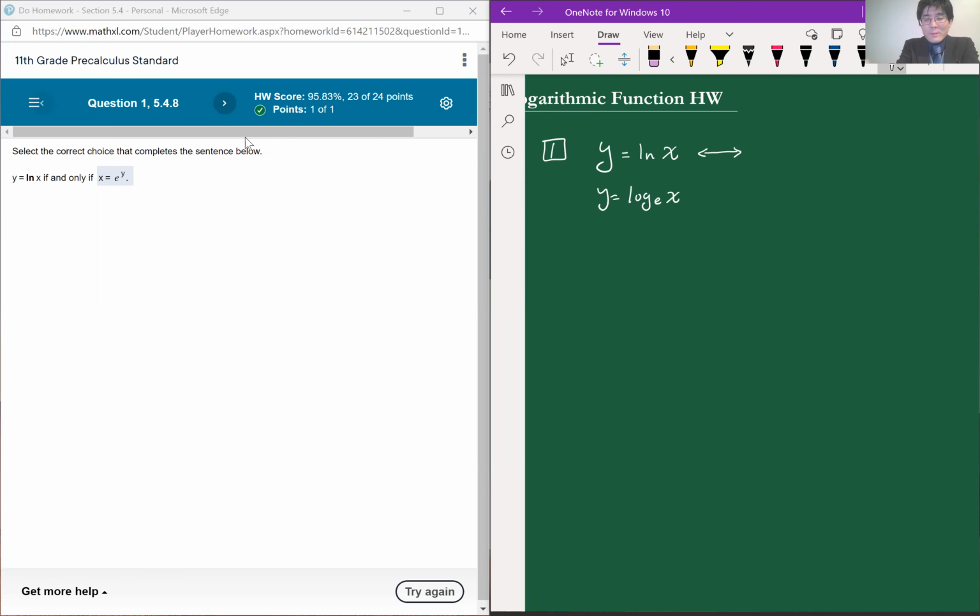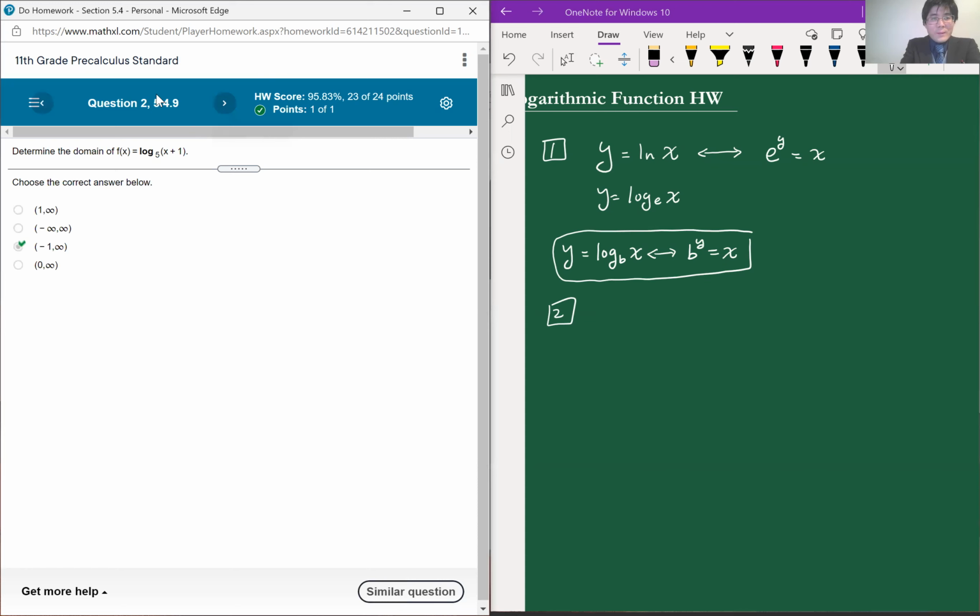And this can be written as e to the power of y is equal to x. Okay, so in general, log of base b of x is equal to y is the same thing as b to the power of y is equal to x.